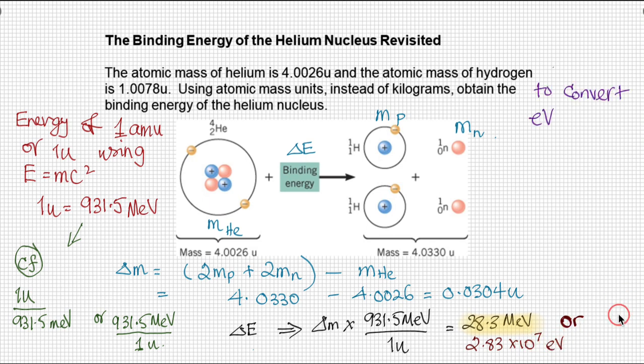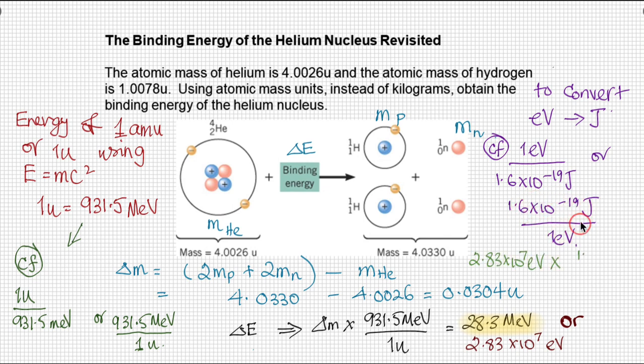Or if we want to convert it to joules, then there is another conversion factor that we can use, and this is a conversion factor you will be using regularly down the track, where we multiply our electron volt values by the conversion factor for electron volts to joules, and multiplying this out, it gives us 4.5 by 10 to the minus 12 joules. So that's how you can convert from mega electron volts to electron volts and then to joules, or obviously you can go the other way.